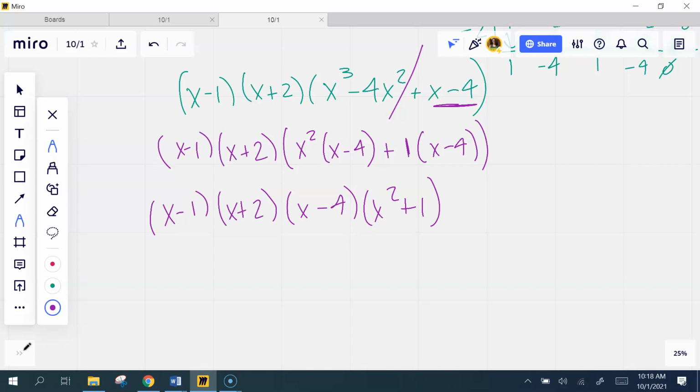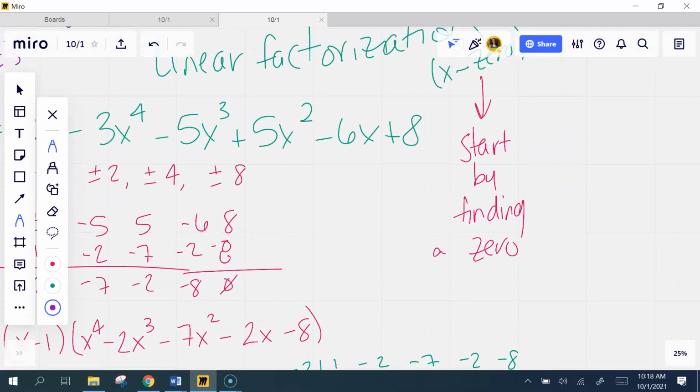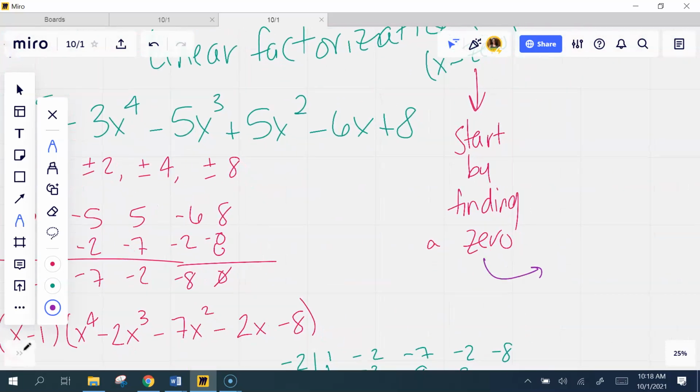Okay, so that's not it, because what did I ask you to do to start with? Linear factorization. So I started by finding a zero, and then I factored completely, but the problem is, when I've factored completely, I'll give you a second to copy that.